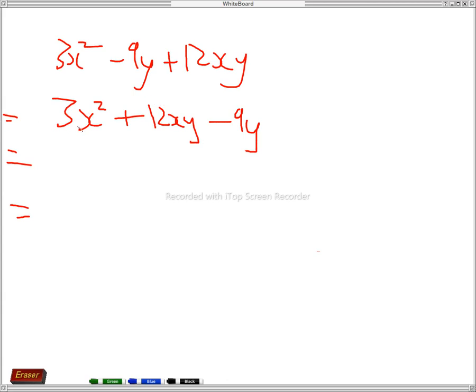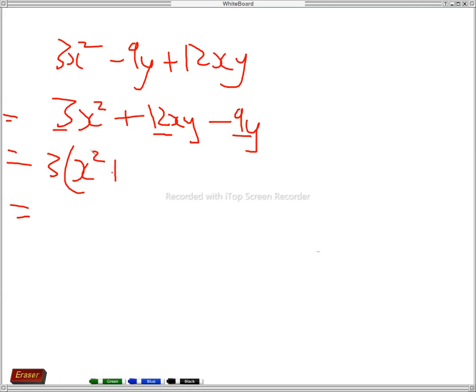So what I will do, let's look at the common factor. I have 3; 12 is divisible by 3, as well as 9. So I'm just going to take out my common factor as 3, you understand, as 3. Therefore 3 divided by 3 is 1, so I will be left with x squared.